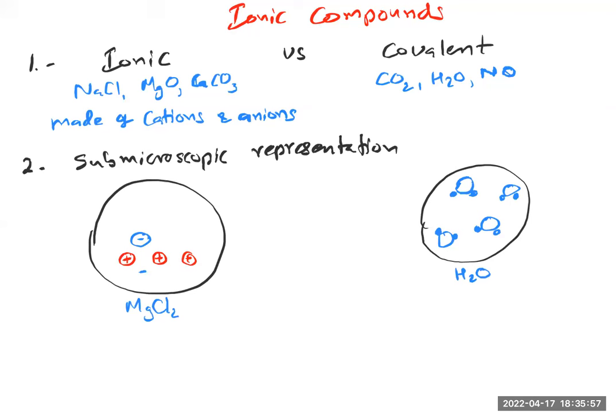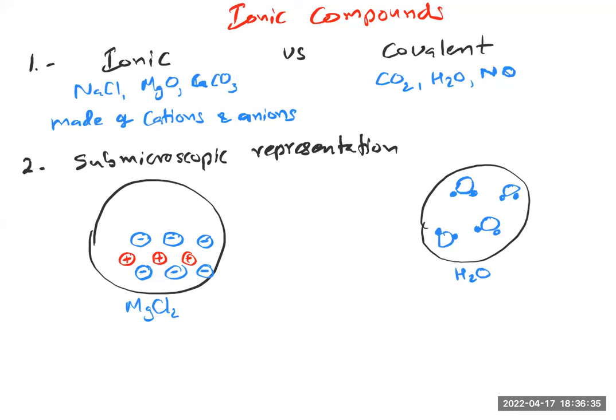Every one cation, we're going to have two anions. So let me indicate that. It's going to continue like that, and this is called an ionic lattice or an ionic network. One more time to summarize, in ionic compounds we have an ionic lattice or an ionic network, while in covalent compounds we have discrete molecules of the compound. That's one of the main differences between ionic compounds and covalent compounds.